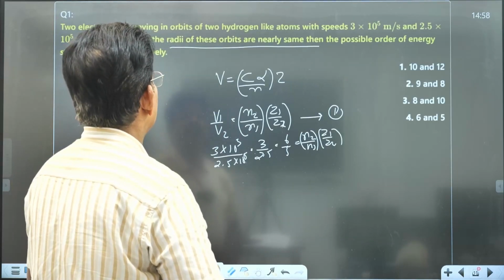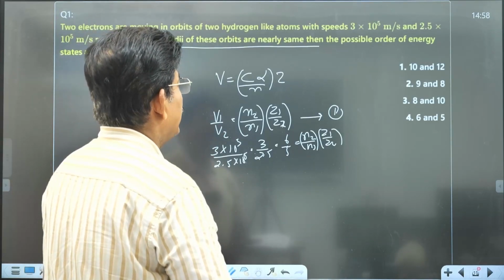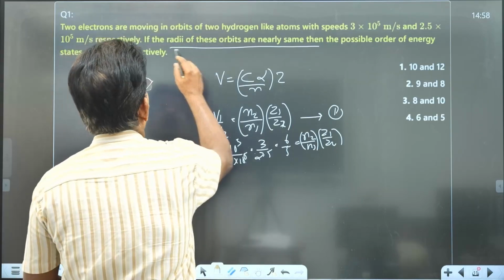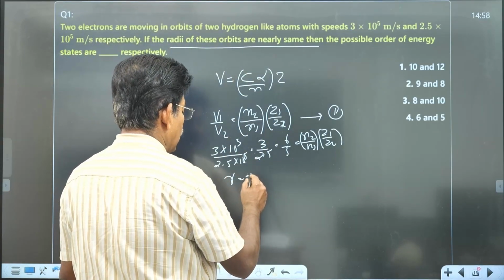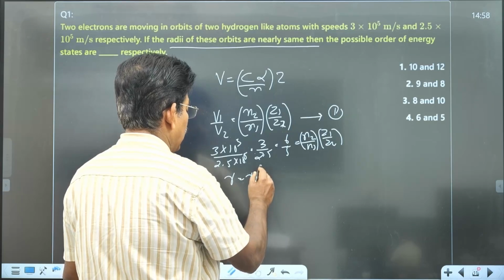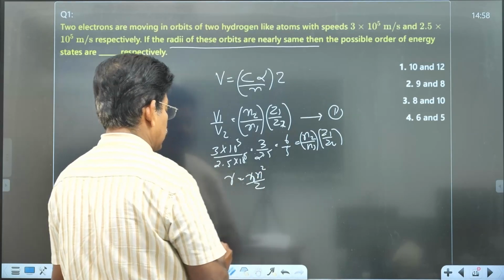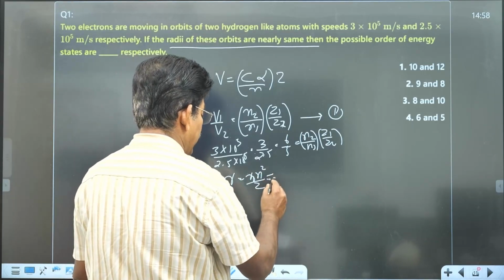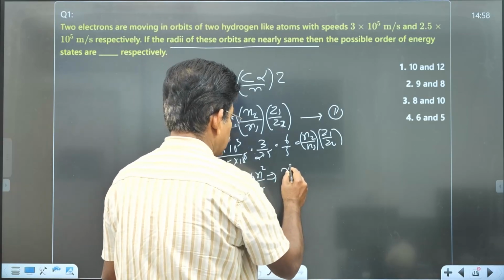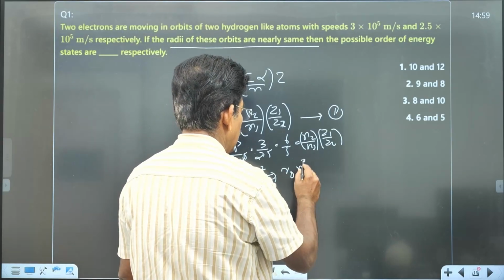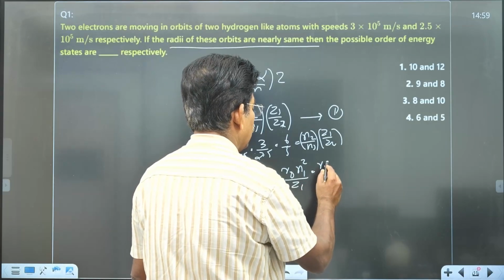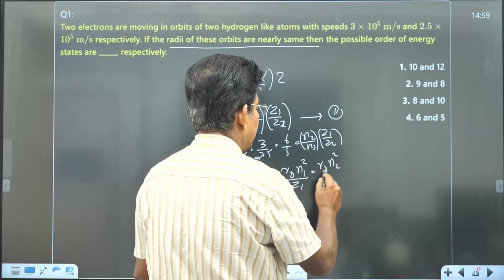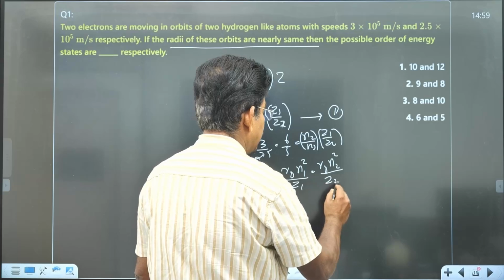Now, second, regarding radius, both have the same radius. Both of them, the radii of the orbits are nearly same. And the radius formula is what? R0 n square by Z. So I am equating the radii: R0 n1 square divided by Z1 is equal to R0 n2 square divided by Z2.